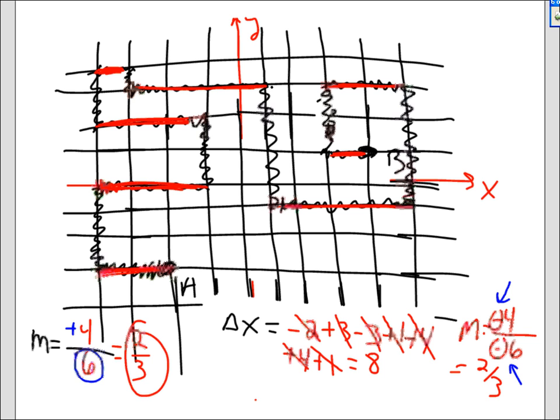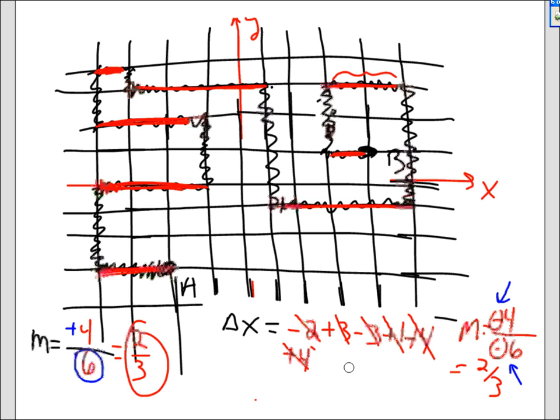So make sure I wrote this down, right? 3, -3, 1, plus 4, plus 4 again. Okay, somehow I didn't include that -2. I'm sorry.